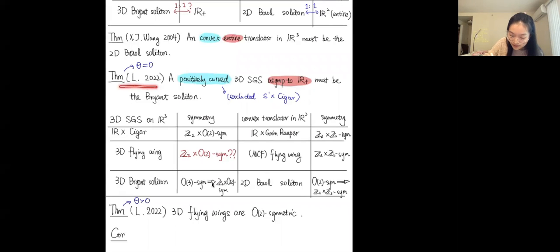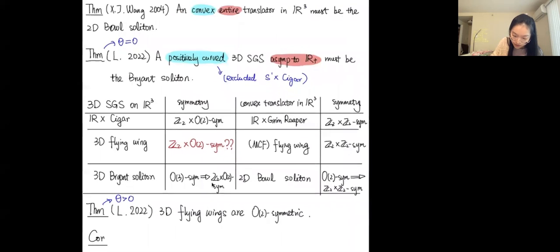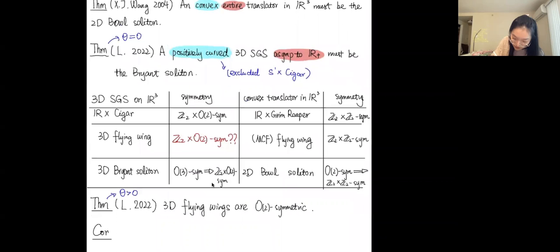In the first case it is the Bryant soliton, so it must be O2 symmetric. Combining these two theorems, we get the following corollary, which says that O2 symmetry is true for all 3D static gradient solitons.